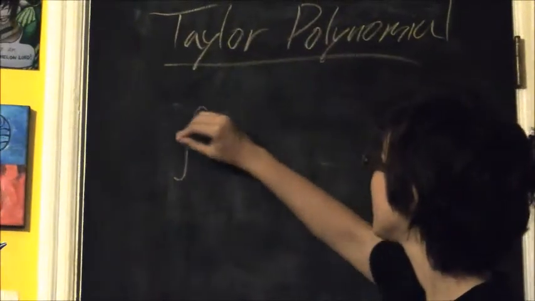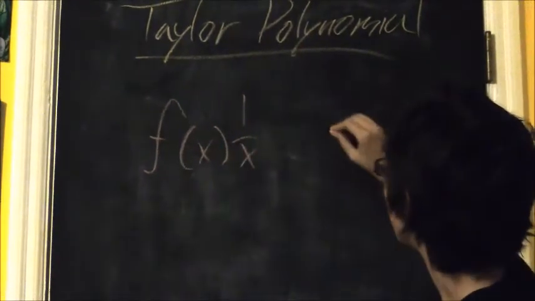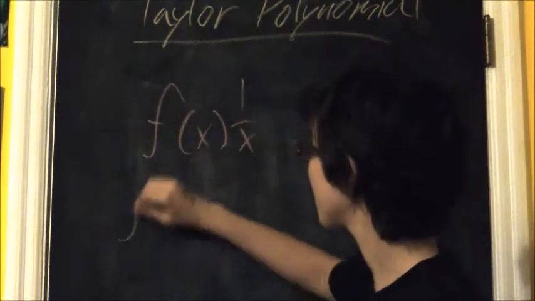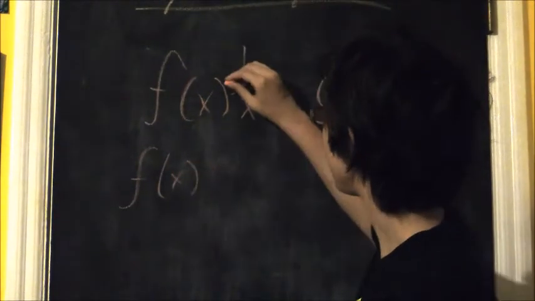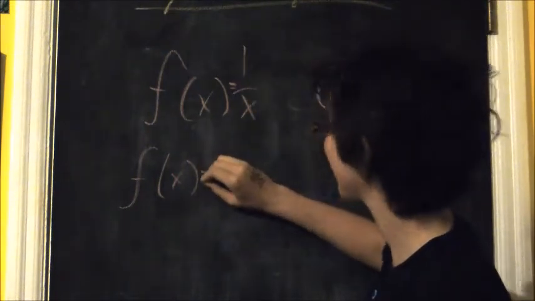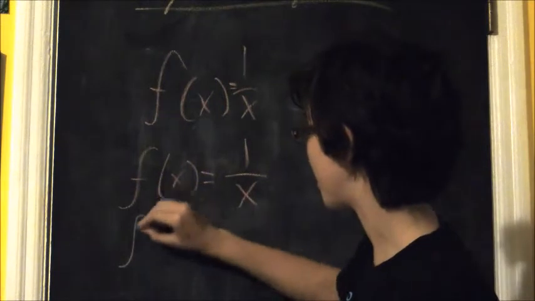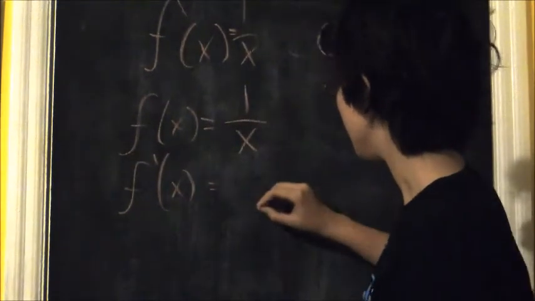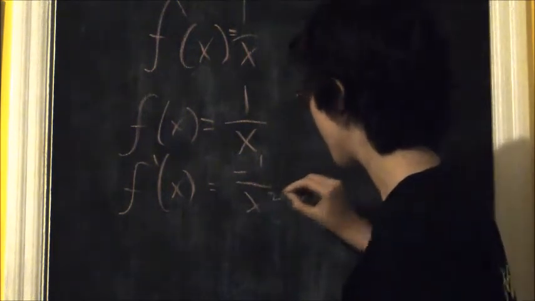We're going to do f of x equals 1 over x about c equals 1. So, f of x equals 1 over x. F prime of x is negative 1 over x squared.